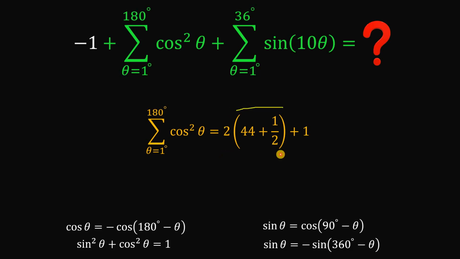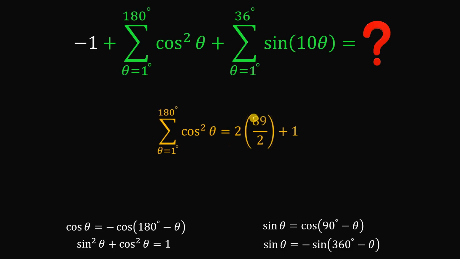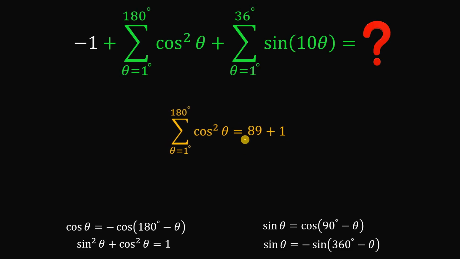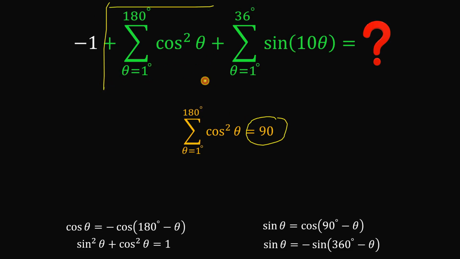Now, if we combine this, 44 plus 1 over 2 gives us 89 over 2, and 2 times 89 over 2 gives 89. And 89 plus 1 is just 90. Therefore, the summation of cosine squared theta, wherein theta goes from 1 degree up to 180 degrees, must be equal to 90. So this expression right over here must be equal to 90.